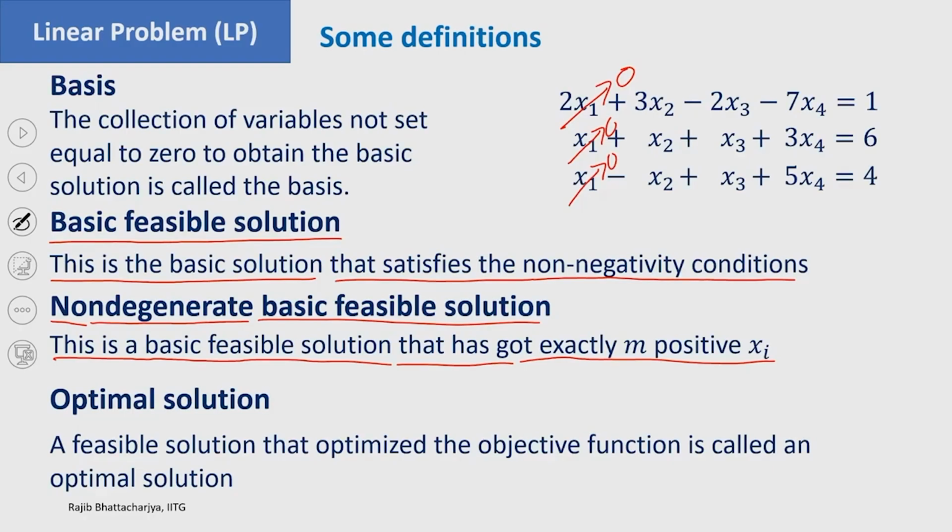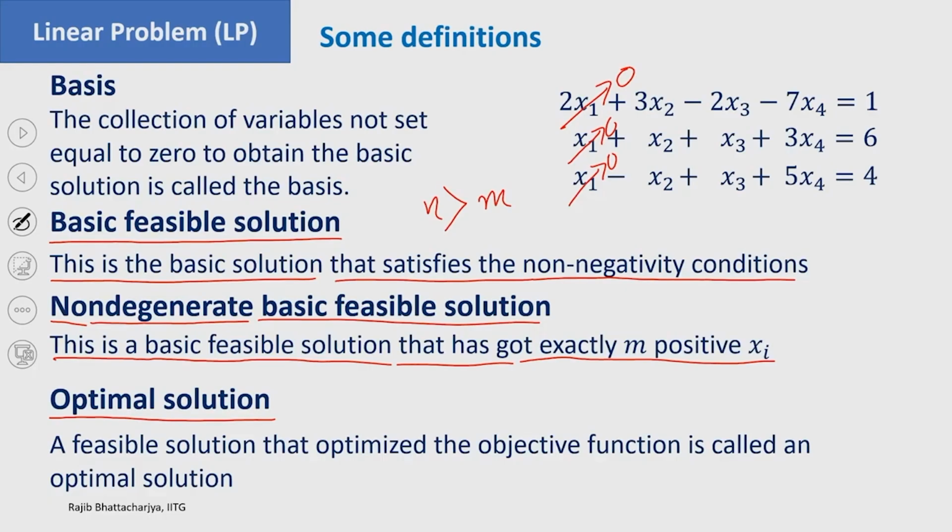And finally, what is an optimal solution? A feasible solution that optimizes the objective function is called an optimal solution. As I said, when the number of variables n is greater than the number of equations, we may have innumerable solutions.